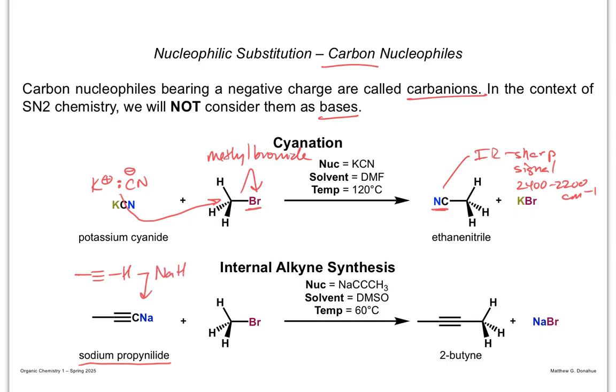So that's an acid-base reaction. That generates this negatively charged carbon that can attack, expel off the bromide. And we've started with an alkyne, and we've ended up with a higher order alkyne. So we added a carbon atom.